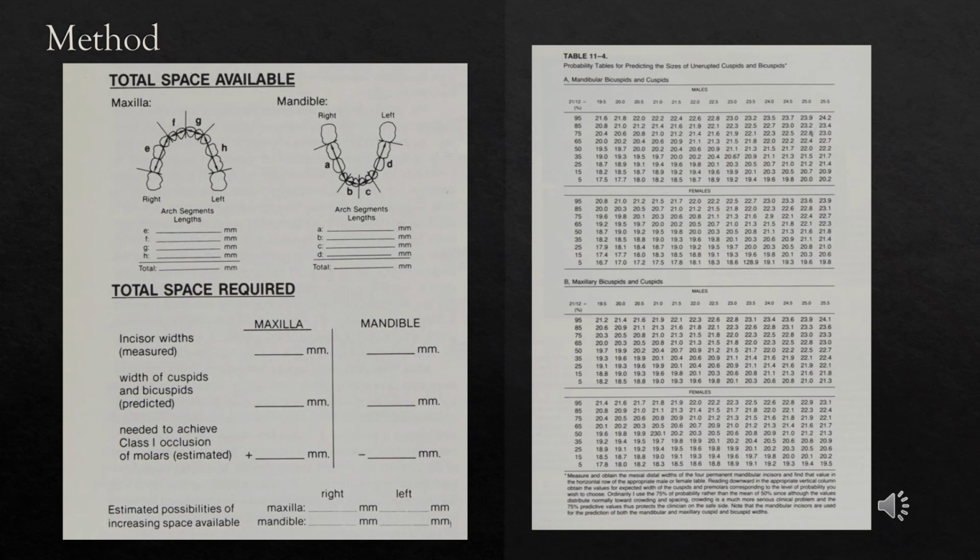The last step is to determine the space discrepancy. Subtract the arch space required from the arch space available. A positive value indicates excess space, a negative value indicates a space deficiency or crowding, and a value close to 0 suggests adequate space.